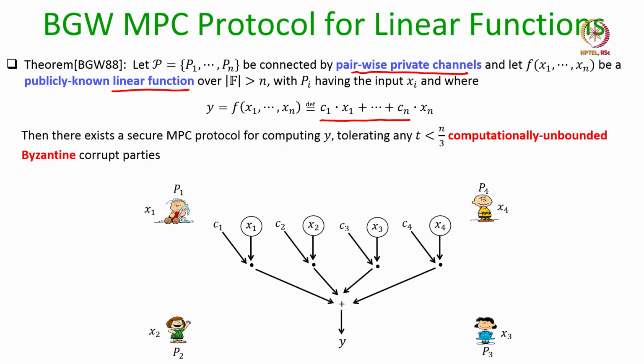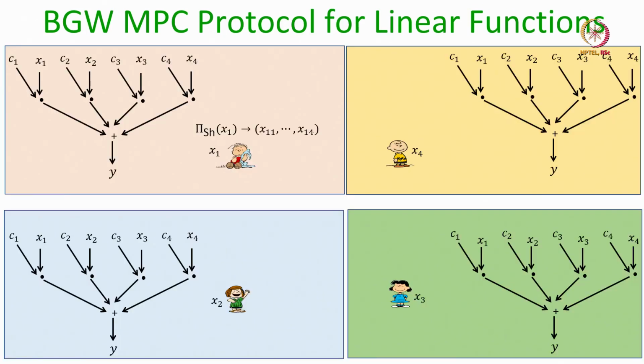Then there exists a perfectly secure MPC protocol which allows the parties to securely compute this function even if there are up to n over 3 computationally unbounded maliciously corrupt parties. And the protocol is very straightforward.